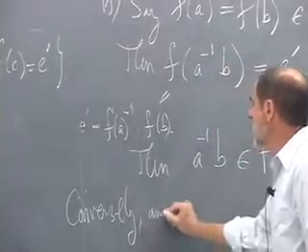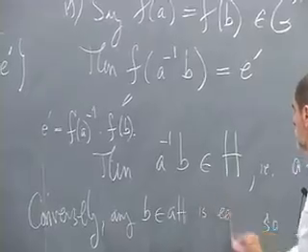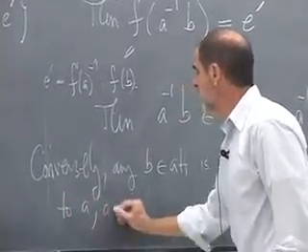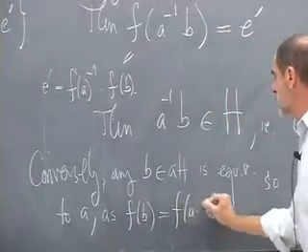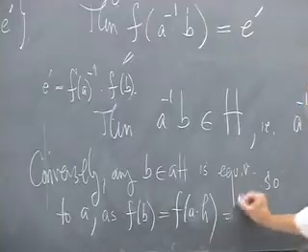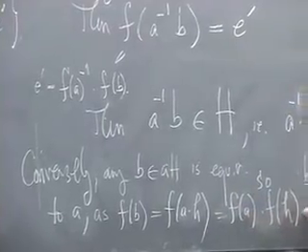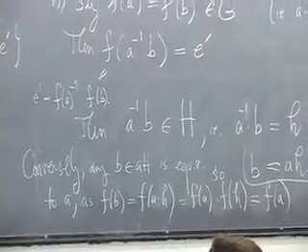Conversely, any B in AH is equivalent to A, as f of B is equal to f of A times f of some element H, which is f of A times f of H by the homomorphism property, which is f of A because H was in the kernel.